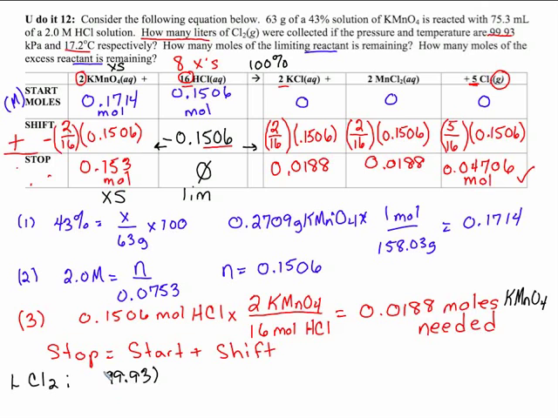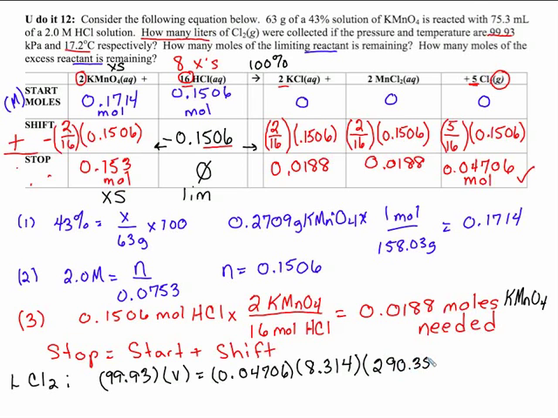So I have 99.93 kilopascals times my volume. I get my moles. I already have that. Converting from moles, you should be pretty familiar with all the ways we can convert to and from moles. You have to memorize that R is 8.314 for kilopascals.